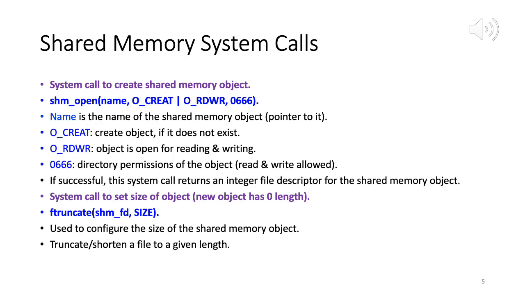One is O_RDONLY, which means open for read only. And the other flag is O_RDWR. So this is the one we've chosen, which means the shared memory object is open for read or write access both. So this one is compulsory, one of these two, O_RDONLY or O_RDWR.